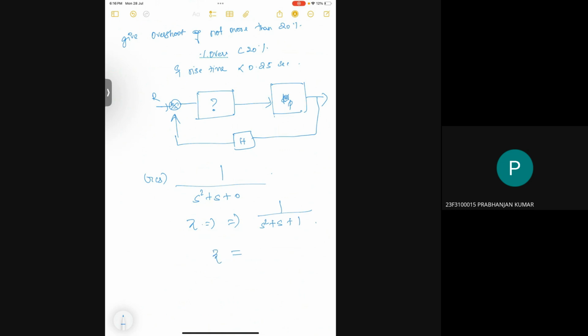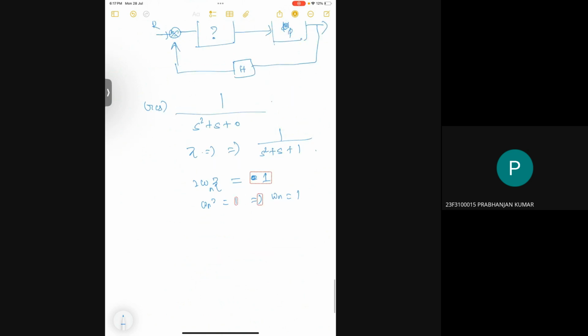Then 2 zeta omega n is equal to 1. Omega n squared equals 1. Omega n would also be 1. Then zeta equals 1 by 2.